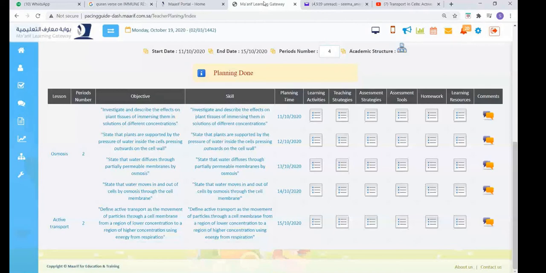Basically we study how water diffuses through partially permeable membranes by osmosis, which we already did in our last lesson. The skill is the same objective.